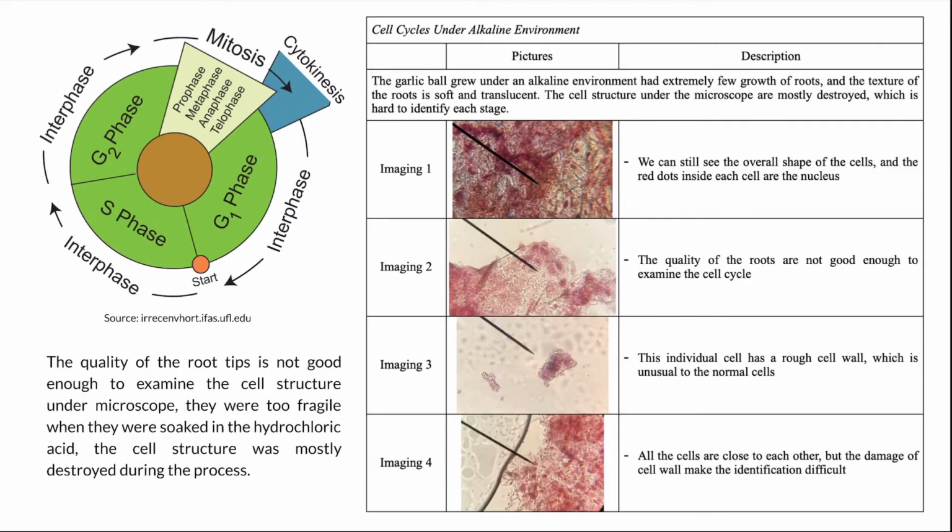So the cell structure of this root is partially destroyed by the chemical, but we can still see the overall structure from the microscope, since the imaging shows a cell with the overall shape but not clear activity inside the cell.